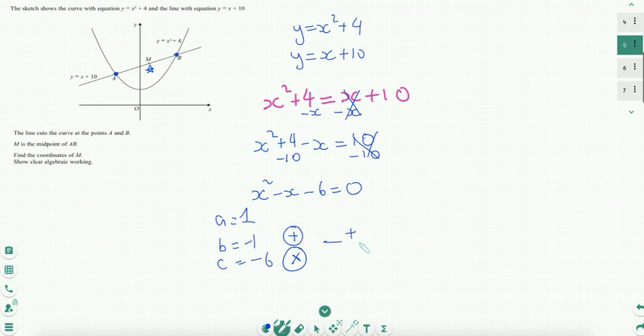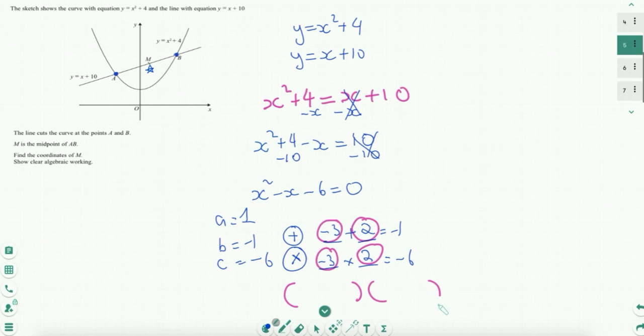So something plus something makes negative 1, and something times something makes negative 6. Well, here we go. Negative 3 times 2 makes negative 6, and negative 3 plus 2 makes negative 1. So these are the two values. So we can open up two brackets. X minus 3 and x plus 2 equals 0.